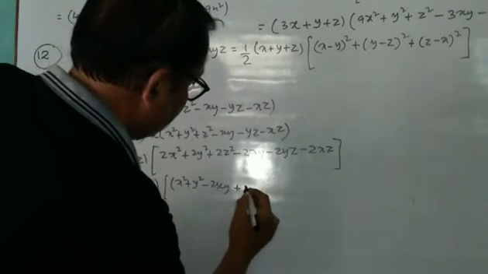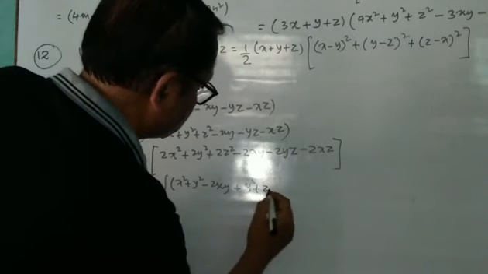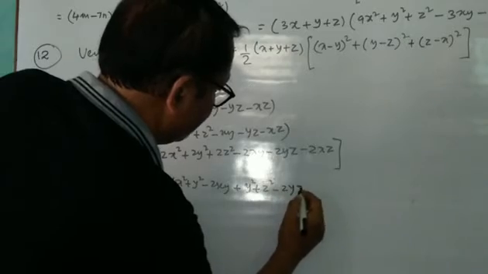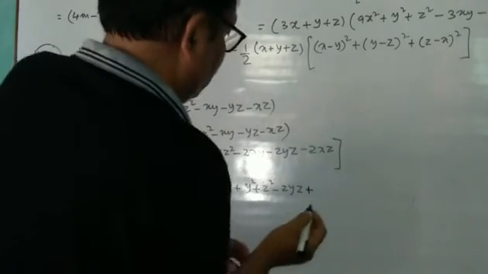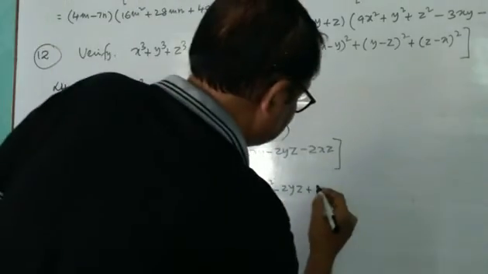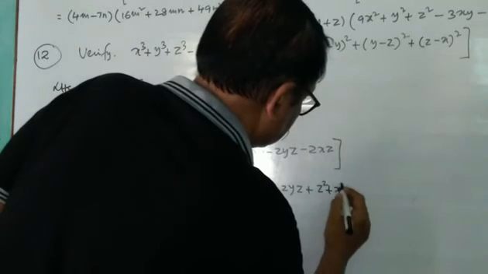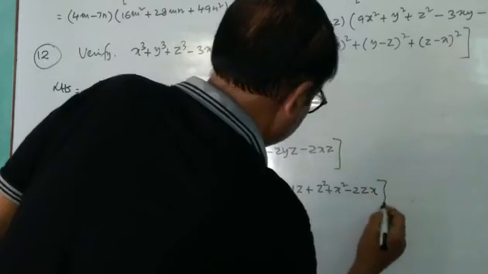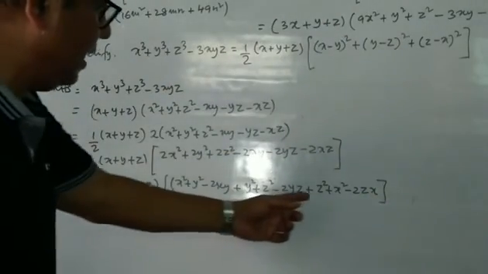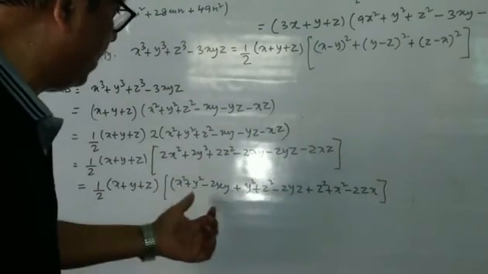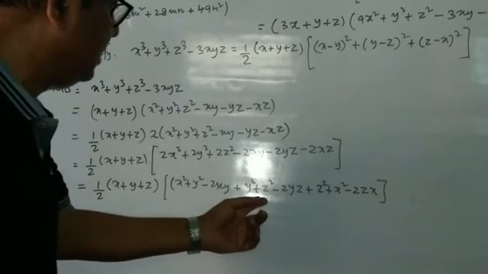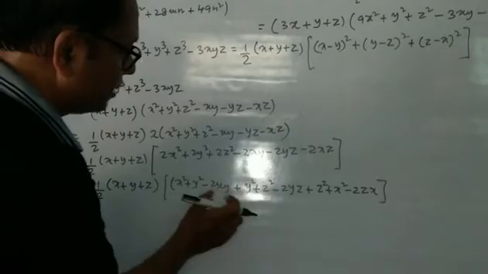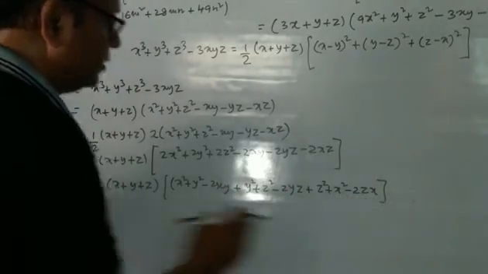Then you take one y square and one z square, minus 2yz. Then you take one z and one x, z square plus x square minus 2zx. See, x square and x square, 2x square, y square and y square, 2y square, z square and z square, 2z square. Arranged. Minus 2xy, minus 2yz, minus 2xz.